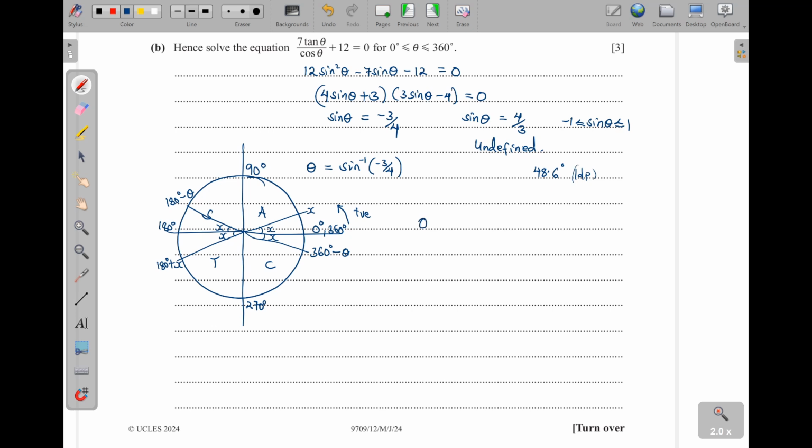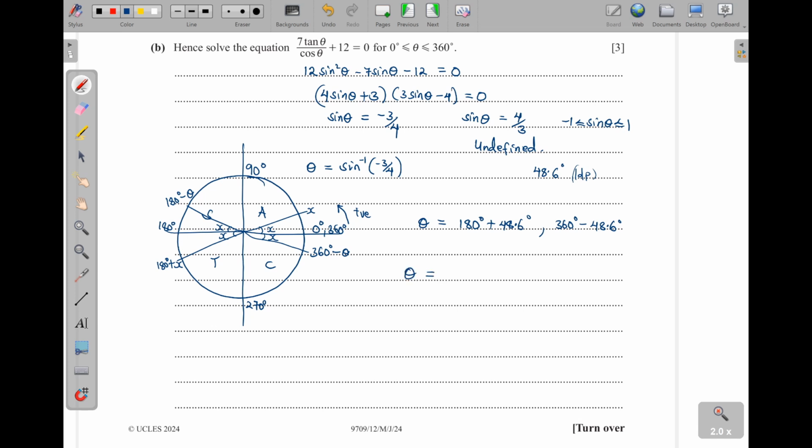Now, your theta here is going to be, you go to the quadrants where sine is negative, it is here. So I will say 180 degrees plus that 48.6. And then the other one will be 360 degrees minus that 48.6 degrees.